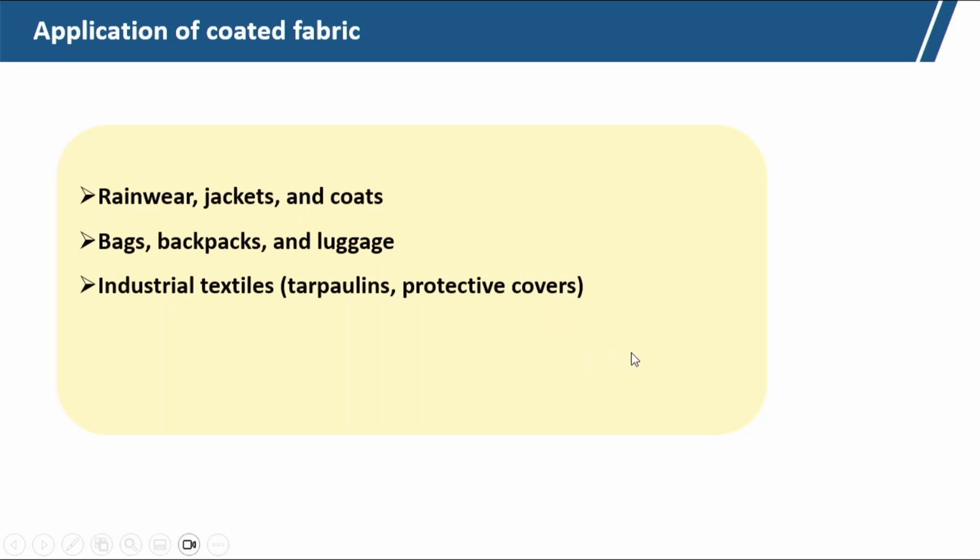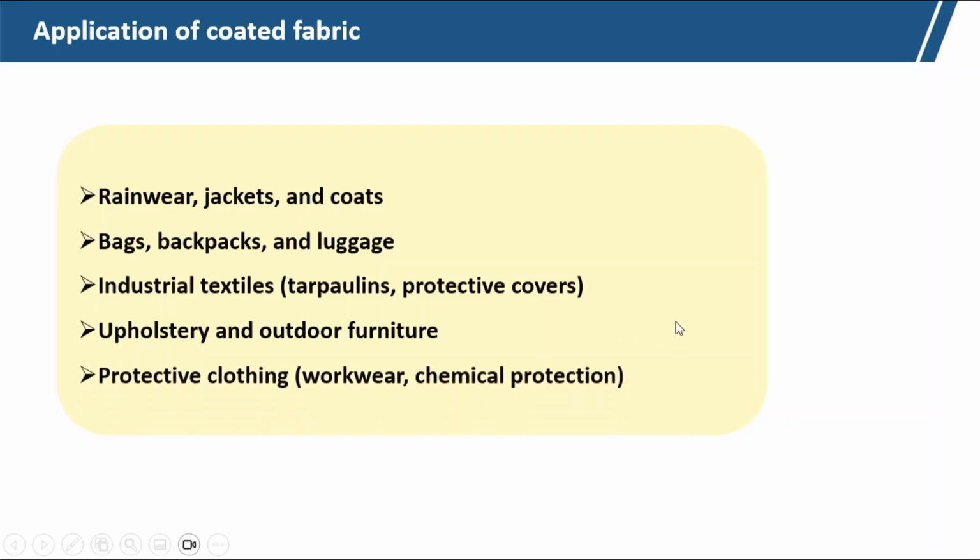So, for human protection we need coating. Upholstery for outer application, outdoor furniture: there we need coated fabric. Protective clothing, workwear, chemical protection.